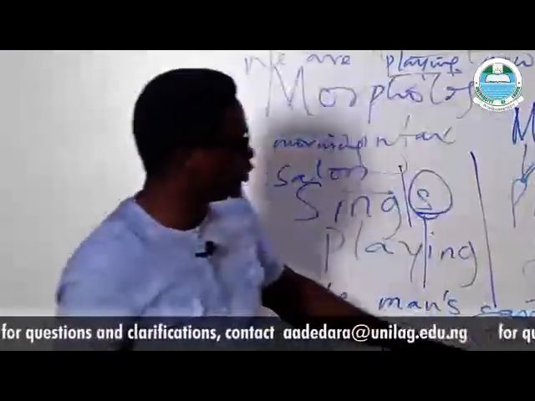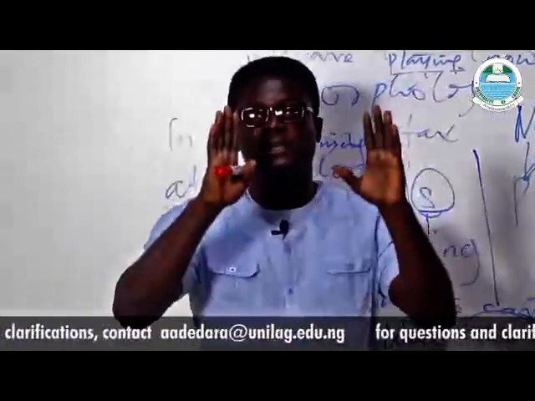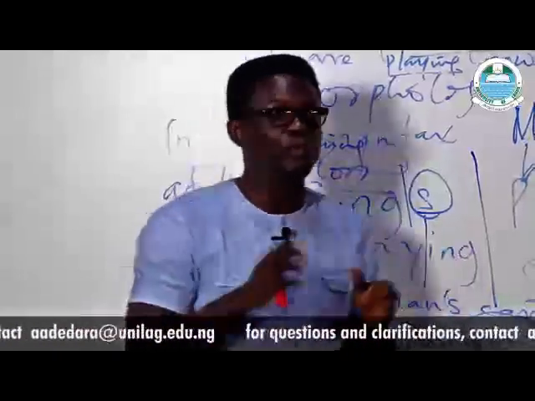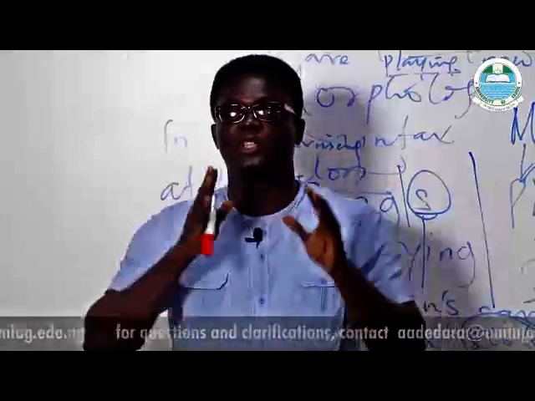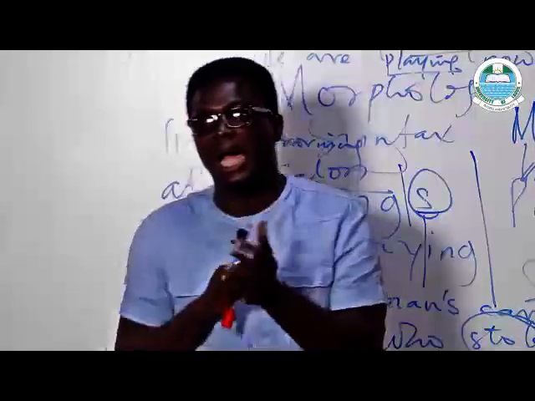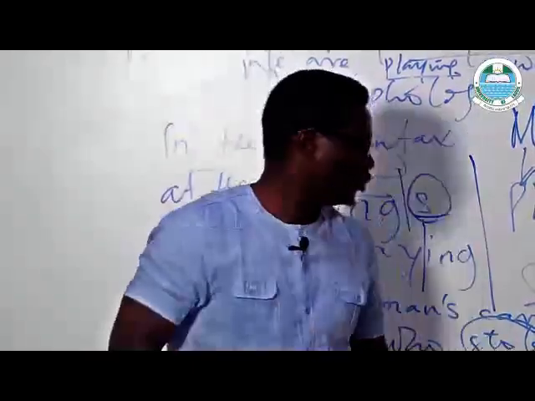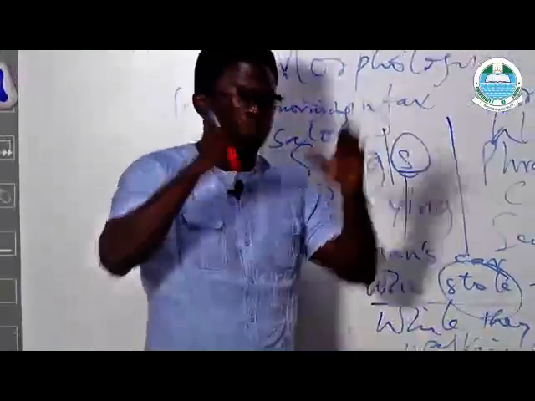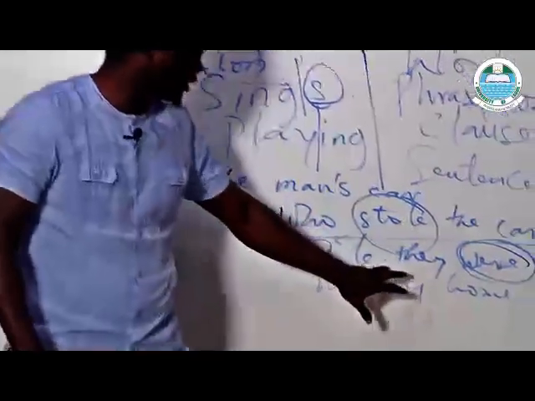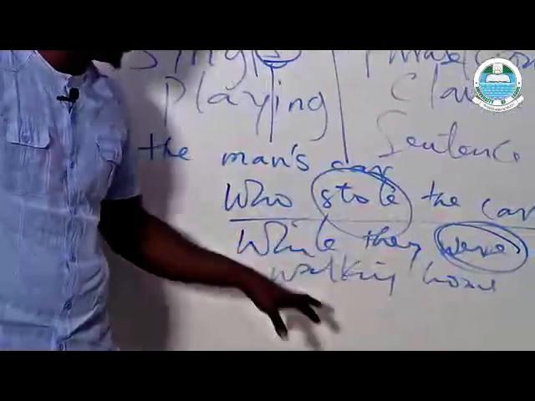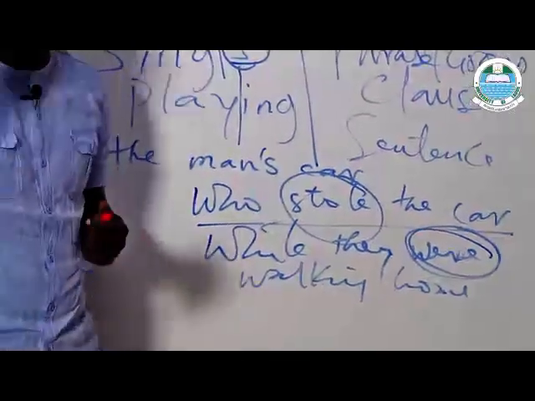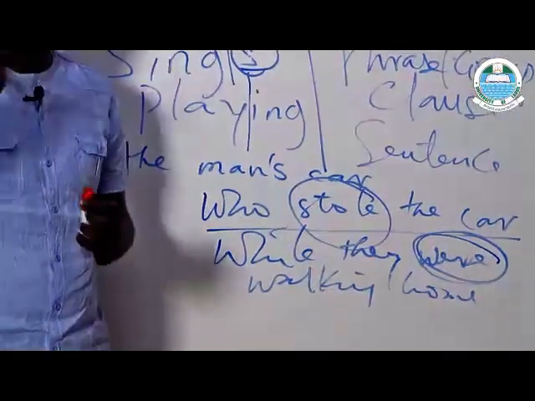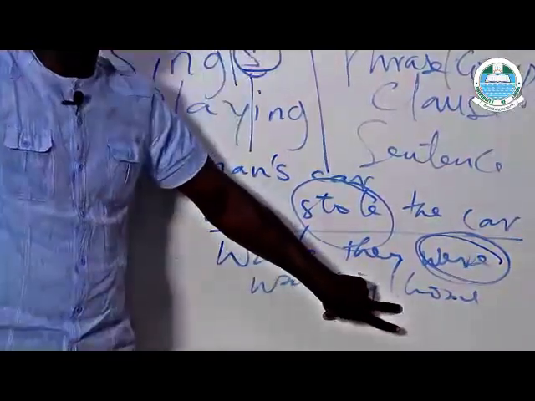Now, we'll quickly move on to the sentence. The sentence is a group of words that expresses a complete thought and has a subject and a predicate. So if I add anything to this to express where the context came from: I saw them while they were walking home. That will be a full sentence.